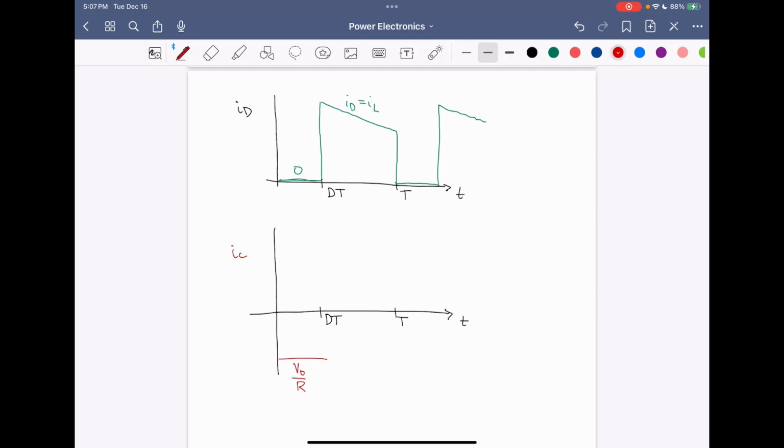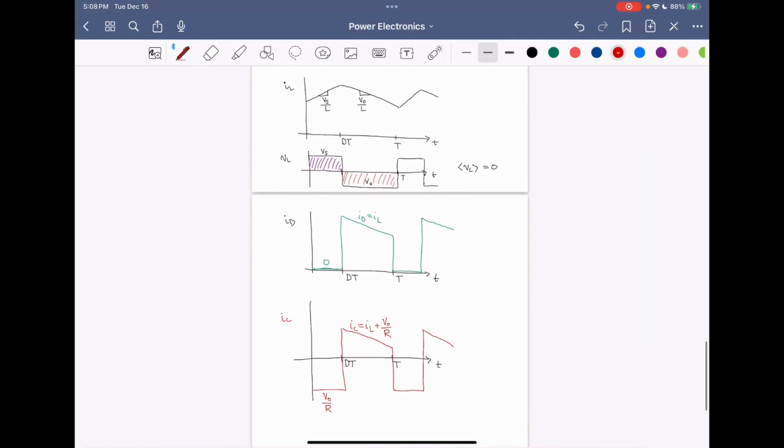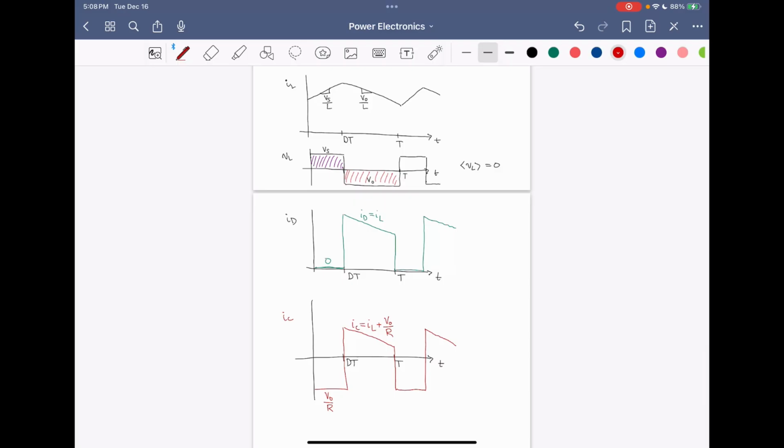Now in the D prime T interval, we found that the capacitor current is the inductor current plus VO over R. So it's going to be equal to IL, but shifted down by VO over R. So these are our waveforms for these voltages and currents.